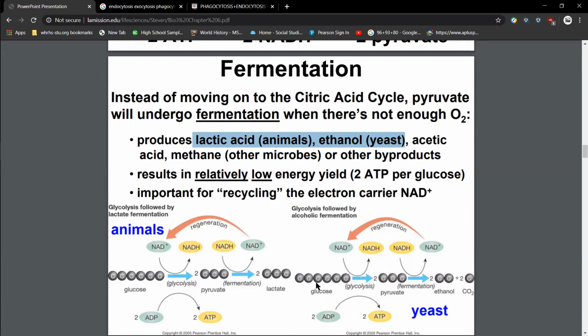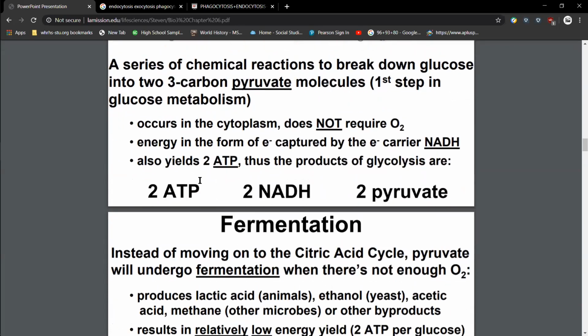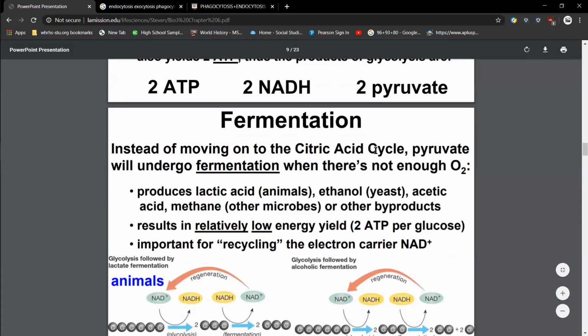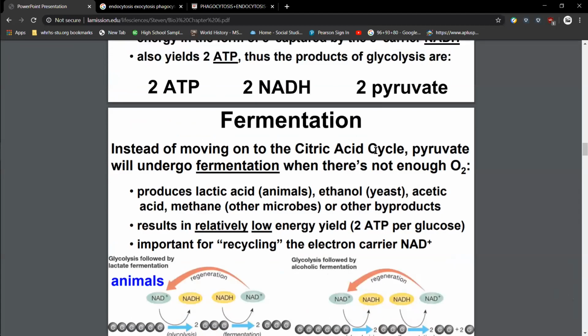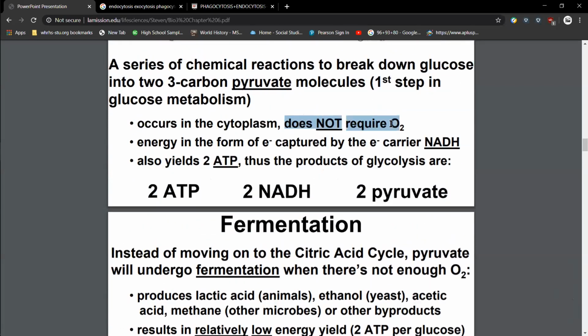But the thing is, it results in a relatively low energy yield. Remember I said right here, glycolysis only yields 2 ATP. That means fermentation is kind of like an extension of glycolysis, because there's no oxygen, and glycolysis, remember, does not require oxygen.